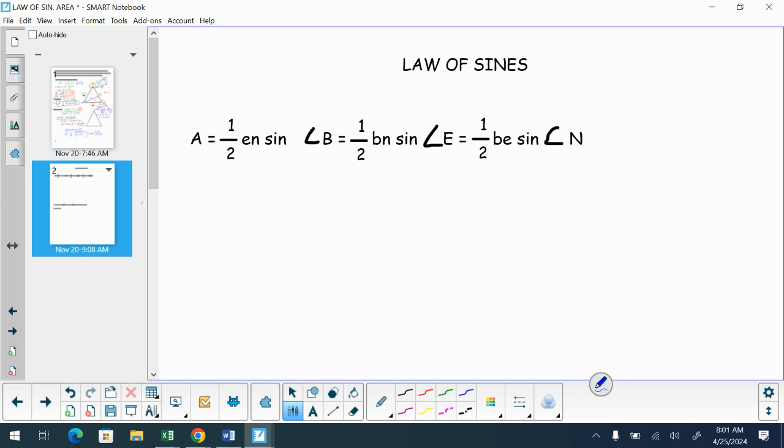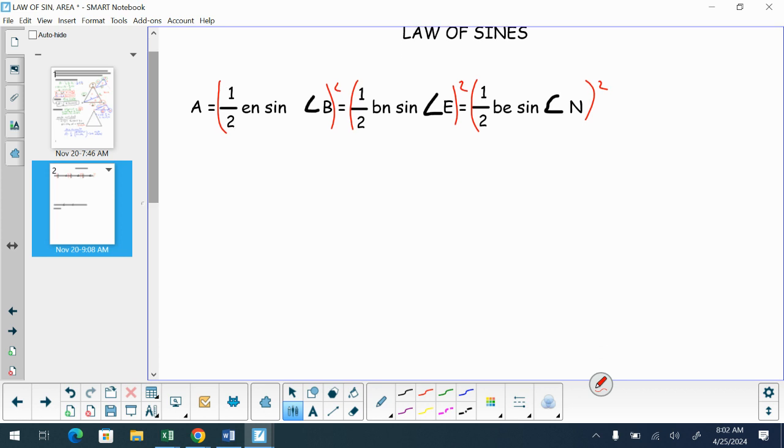No matter which way we calculate the area, we should come up with the same area. We have 1/2 EN sine of angle B, 1/2 BN sine of angle E, or 1/2 BE sine of angle N. Well, these things all should be equal. So if we use our multiplication property of equality, we're going to multiply all sides of our equal signs by 2.